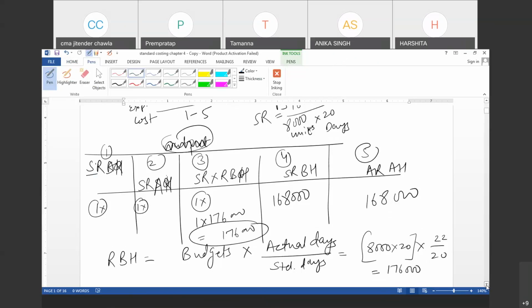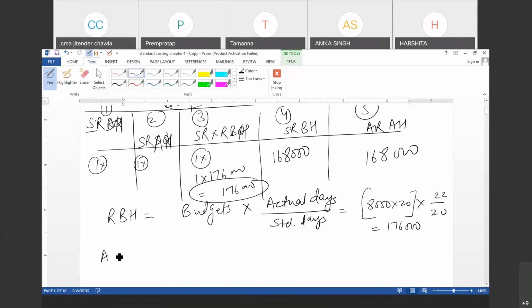Can you tell me what is actual hours? Actual hours is, देखिएगा जरा, 8400 units per day into 22 days.